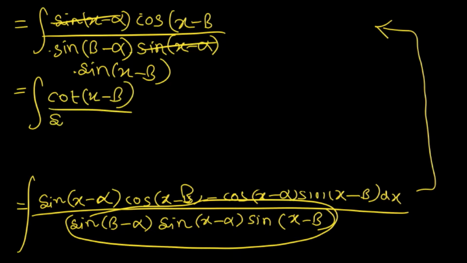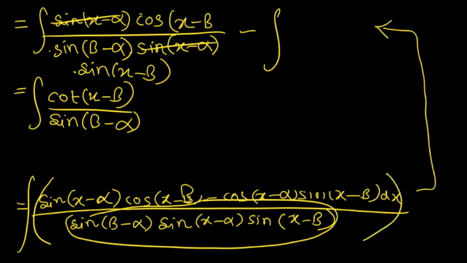And obviously this sine(beta − alpha) would be there in the denominator. Similarly, this whole term is under integration, so we can break it into integration minus integration. Suppose an a plus b term is there, we can easily write it as the integration of a plus the integration of b.